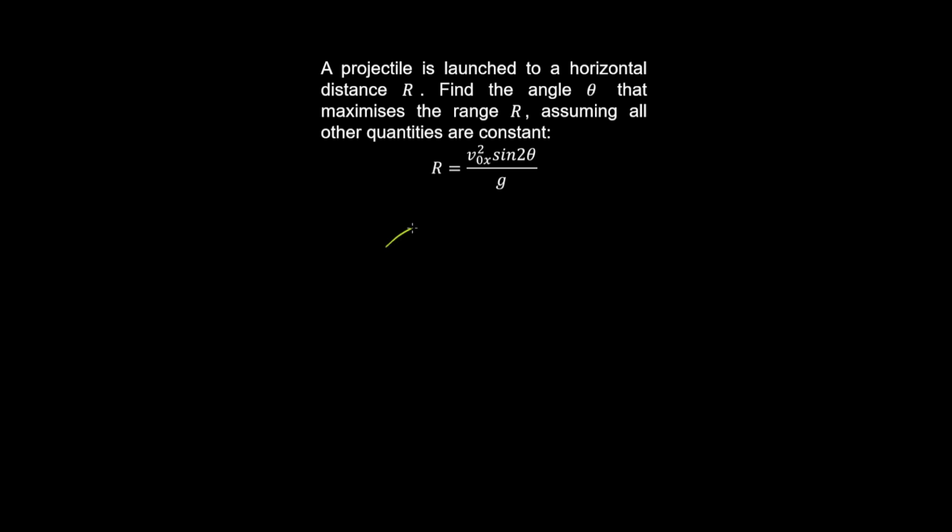A projectile is launched to a horizontal distance r, and we're asked to find the angle theta that maximizes the range r. We have the initial speed, and we have the launch angle from the horizontal. If we differentiate the range with respect to theta, we get 2 v naught x squared, which is the horizontal component of the velocity, on g, times cosine 2 theta.